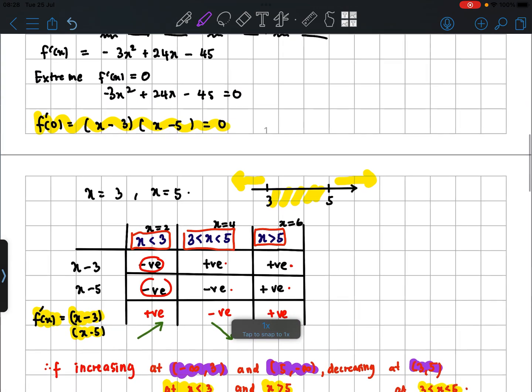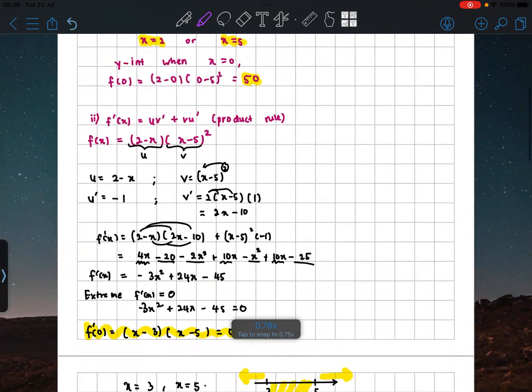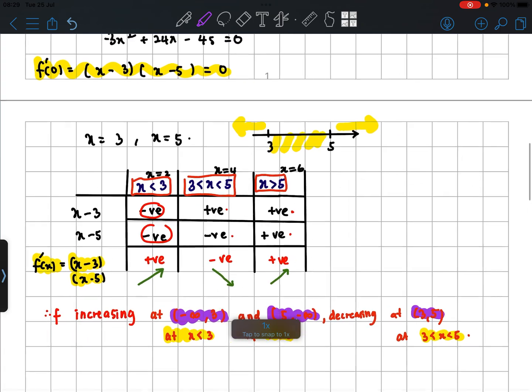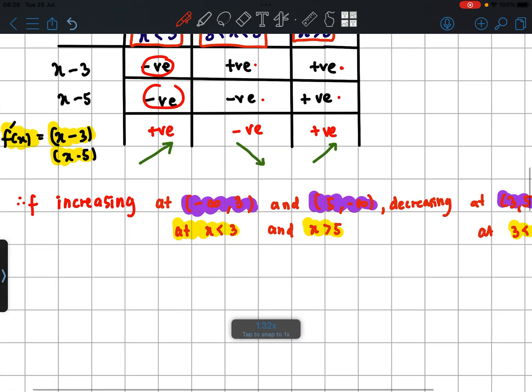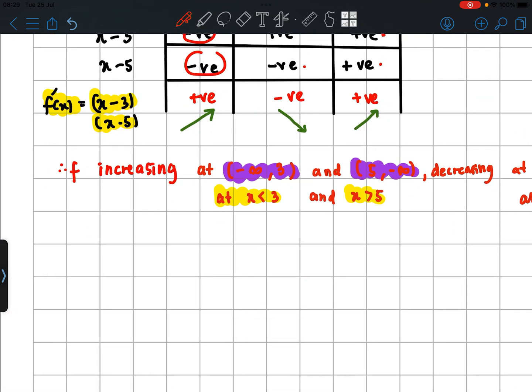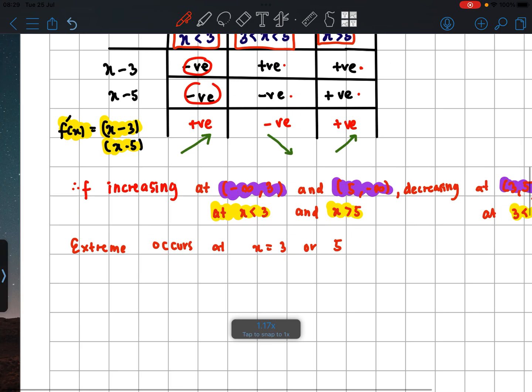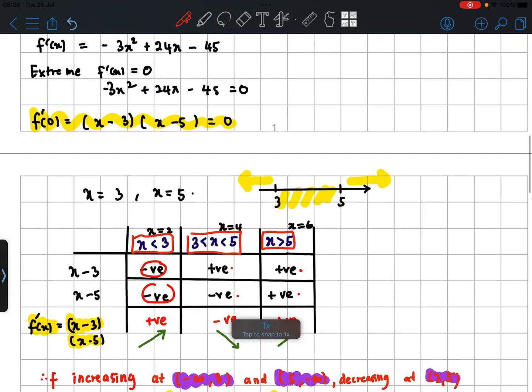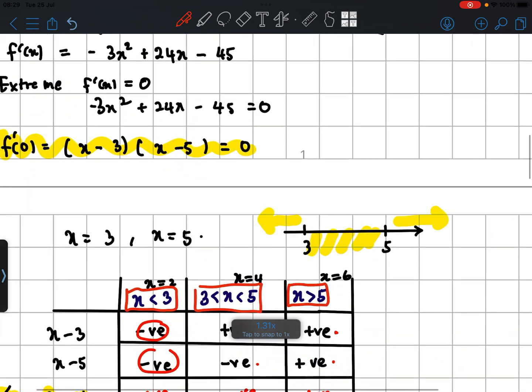Okay, and the question wants to find the extreme point. Because we know that the extreme occurs at x equals 3 or 5. Where this value is obtained is from here.